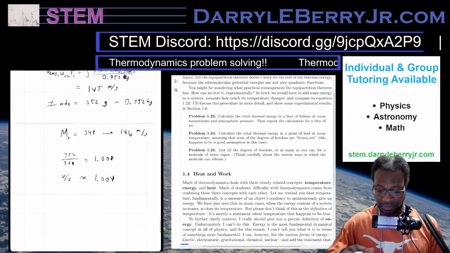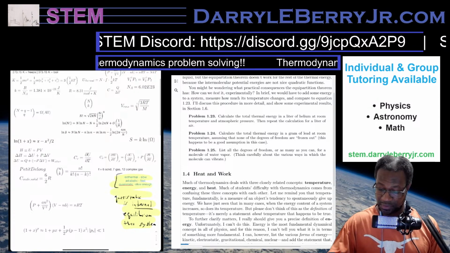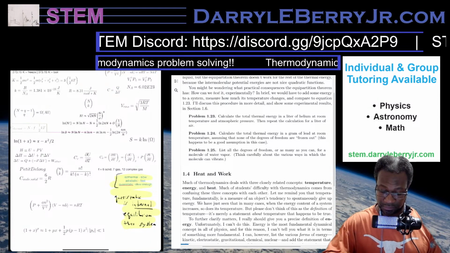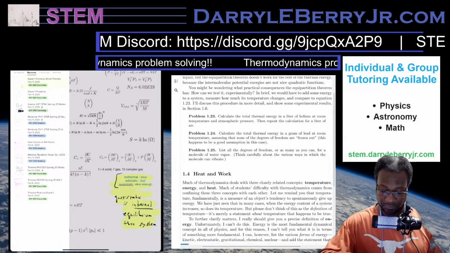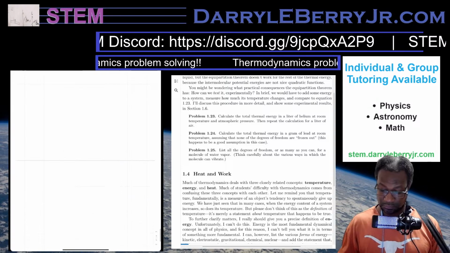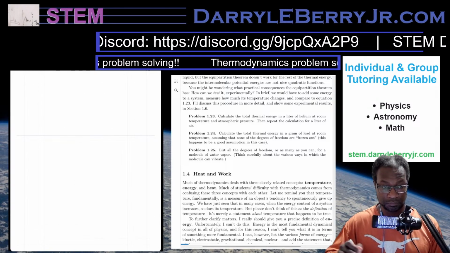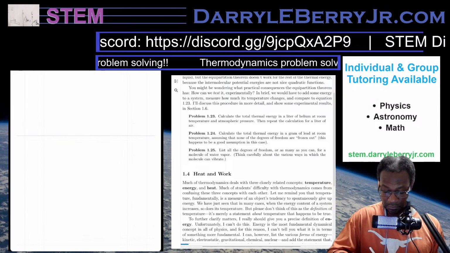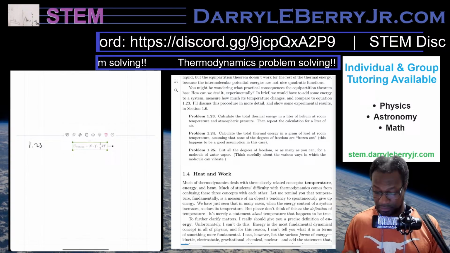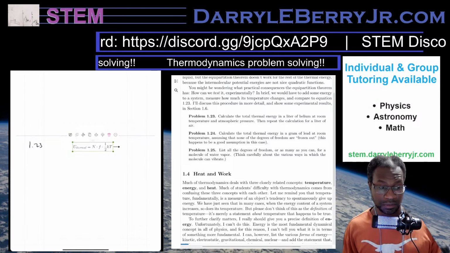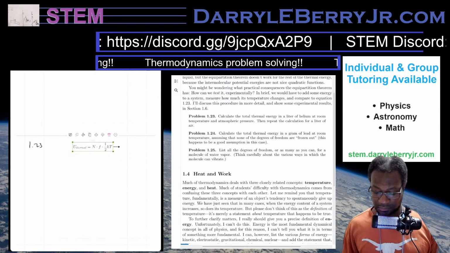All right, so they're using the thermal equation, which I'm pretty sure I have on my formula sheet. That's this one here. Calculate the total thermal energy in a liter. Okay.